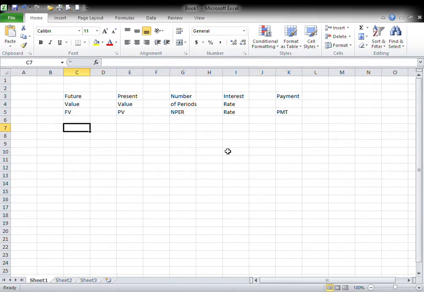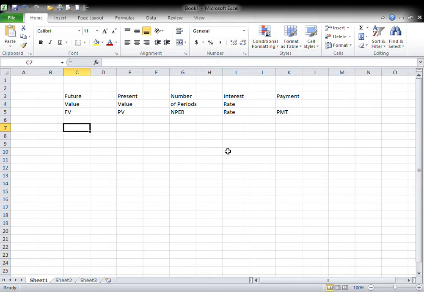The first thing to do in a time value of money problem is to decide which one of the 5 items you are solving for, and then you can utilize the formula.